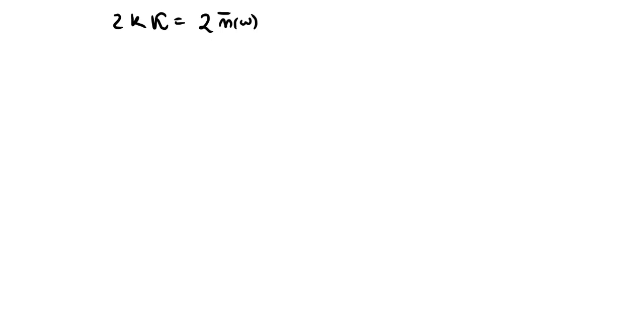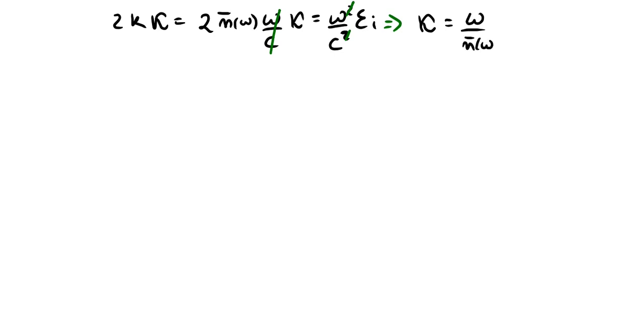And omega over c kappa is equal to omega squared over c squared epsilon_i. Now you can cancel these terms and you obtain something like kappa is equal to omega over n bar omega c multiplied by, there is a 2 here, right? Multiplied by the imaginary part of the dielectric function.